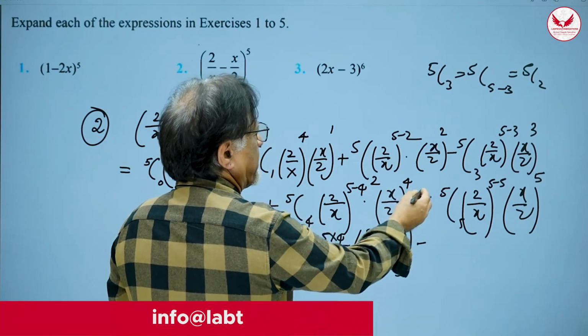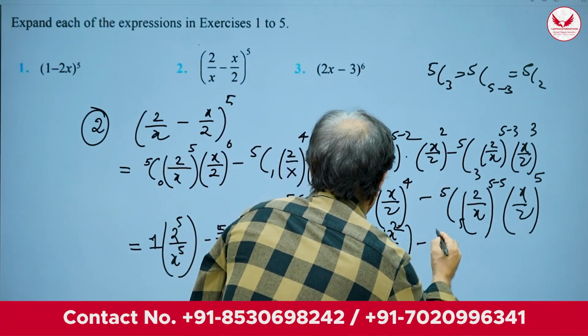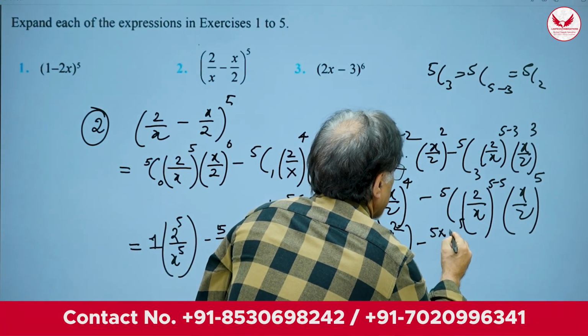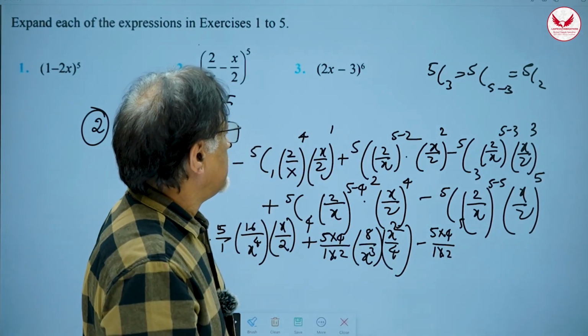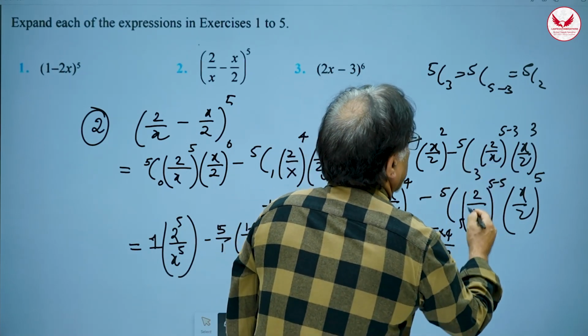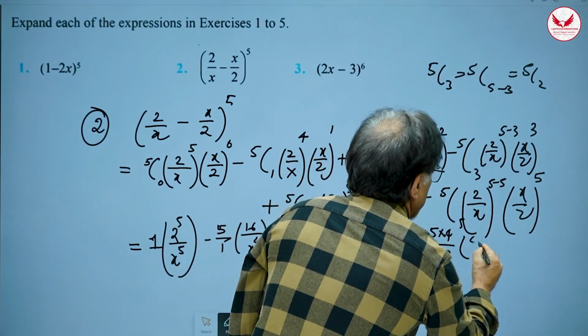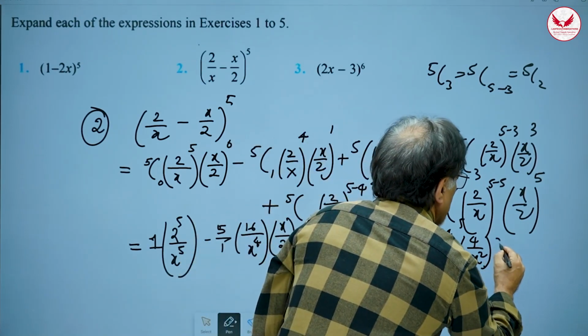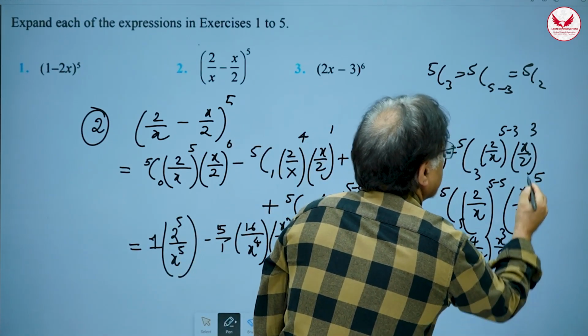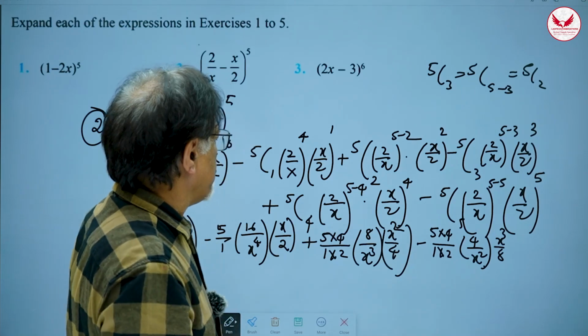So that is why it is 5C2, correct? So 5C2 means again what? 5 multiplied by 4 divided by 1 multiplied by 2. Now that is 2 upon x raised to 2. So that means it is 4 upon x square, and this will be x cube upon 8 because it is third power of x by 2.